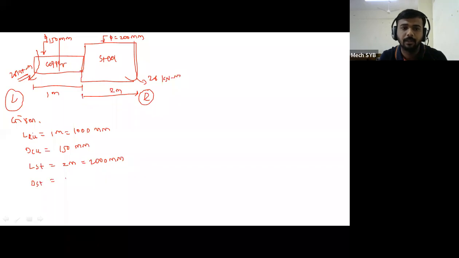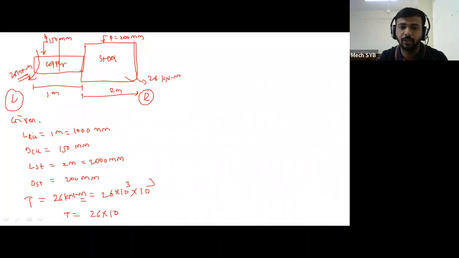Diameter of steel 200 mm. Then T, which is common, 26 kilonewton meter. We want this particular value in Newton mm. So 26 into 10 raised to 3 converts kilonewton to Newton, and meter to mm another 10 raised to 3, means your torque value becomes 26 into 10 raised to 6 Newton mm.